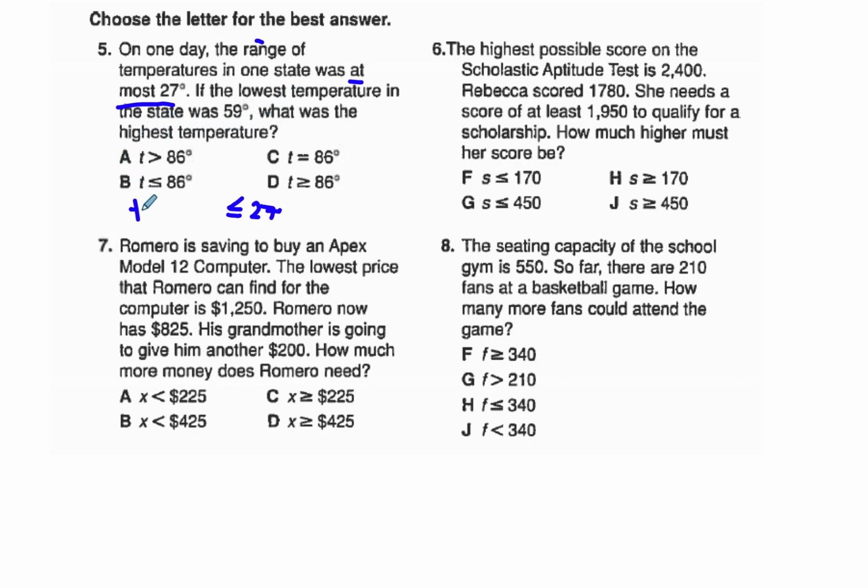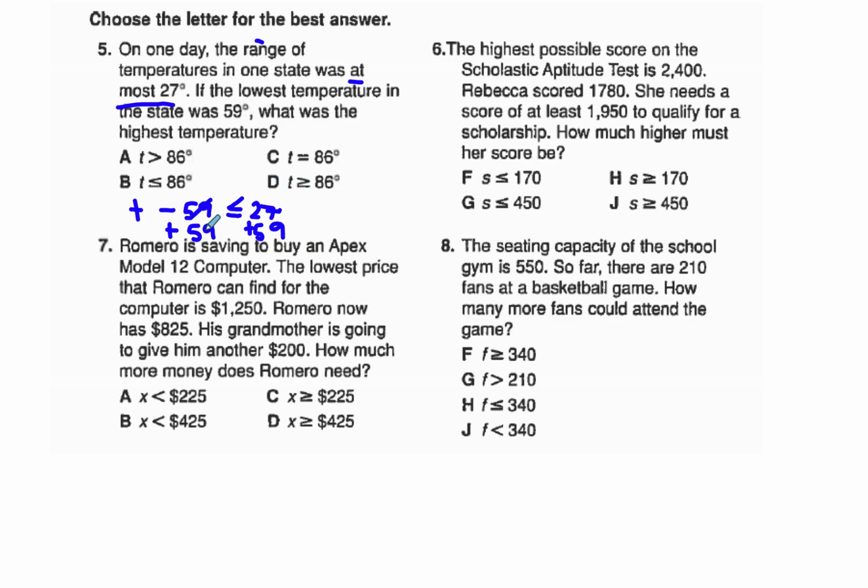We're going to call it T for temperature. We know what our lowest was. It was 59. So we have T minus 59 degrees is less than or equal to 27. To get rid of the minus 59, we'll have to add 59.